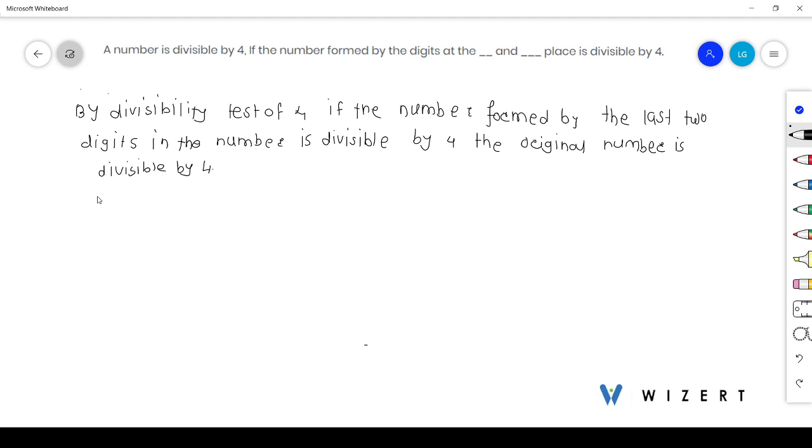As we know that in any number, it starts with units place, then tens place, then hundreds place. So the last 2 digits place will be units place and tens place.